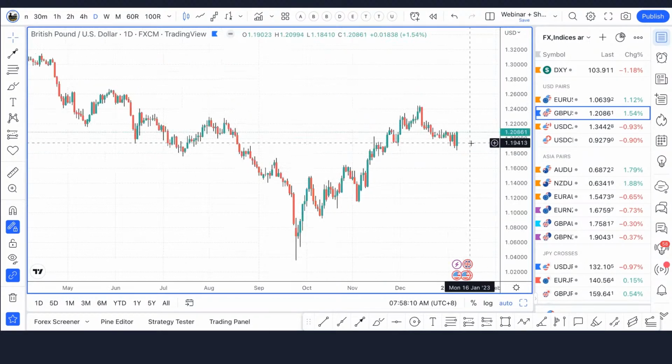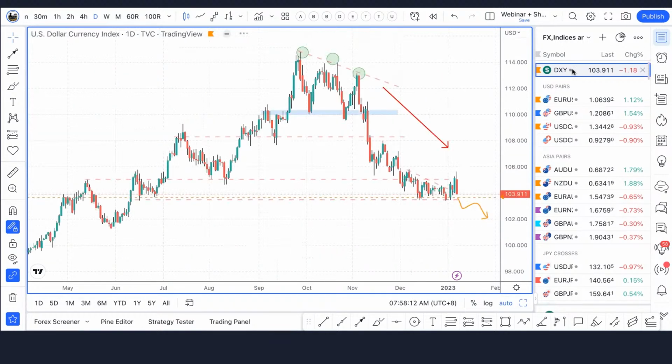I think unless you see a clearer picture from the US dollar, if you are a trend trader, maybe you would like to sidestep yourself and look at some other pair instead of focusing on range trading, which you might not be comfortable trading.